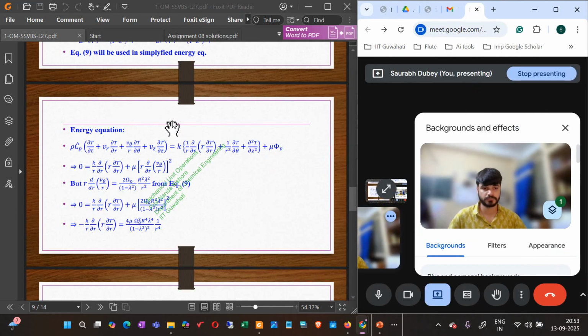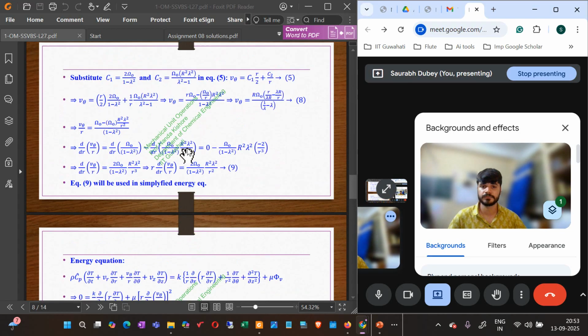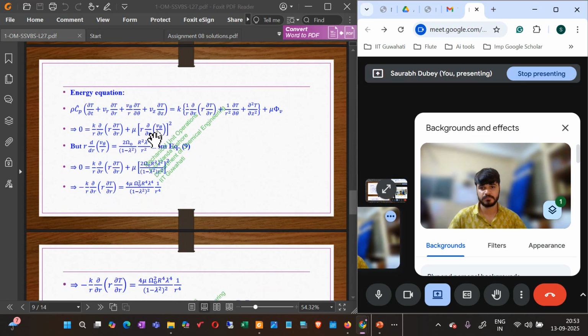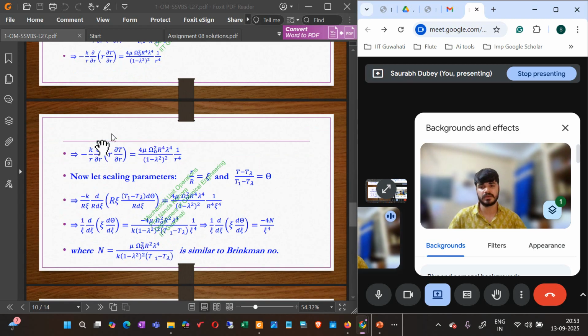So if you see this one, yes, the energy equation, when you just rearrange them and then see, this particular term we have already derived, and we will be putting that here, and when you put it here, this particular overall picture comes up.